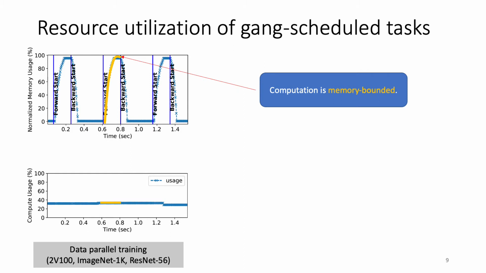When we look at the bottom figure during the same period from 0.6 to 0.8, the corresponding computational usage is only less than 40%, which means this computation is memory bounded and leaves around 60% of computation resources underutilized, which is denoted as the red shadow box at the bottom figure.